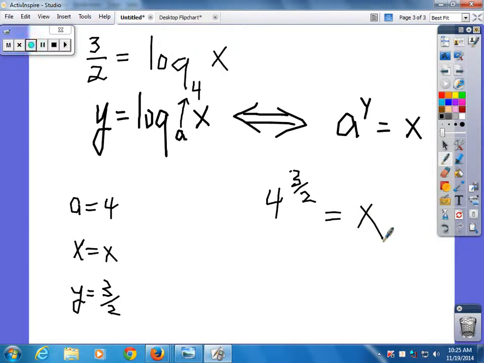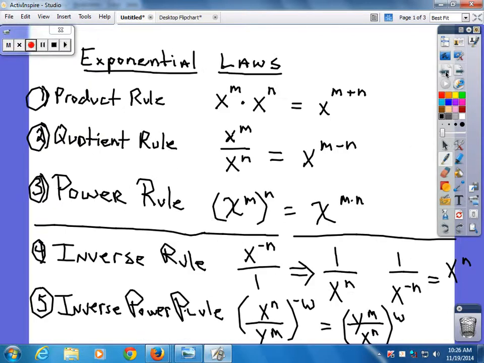Now, wait a minute. Don't reach for the calculator, because you can. This is a fractional exponent, which can be written as a what? Let's go back to the original exponential rules. I always throw this one in as an extra rule, and that is number 6.